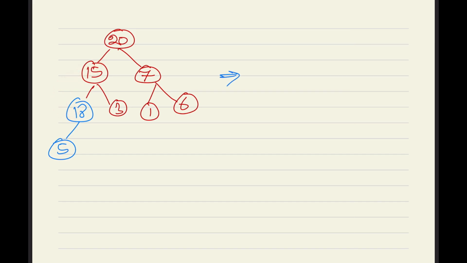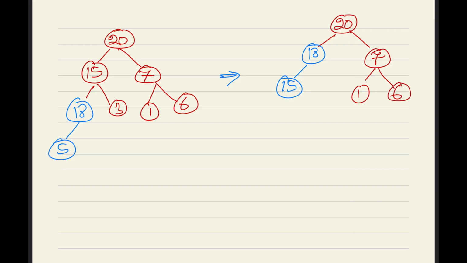If we swap again, here 20, then 18 comes here, then its left child is 15, then the right child is 7, 1, 6, then 18, 3, this is 5.